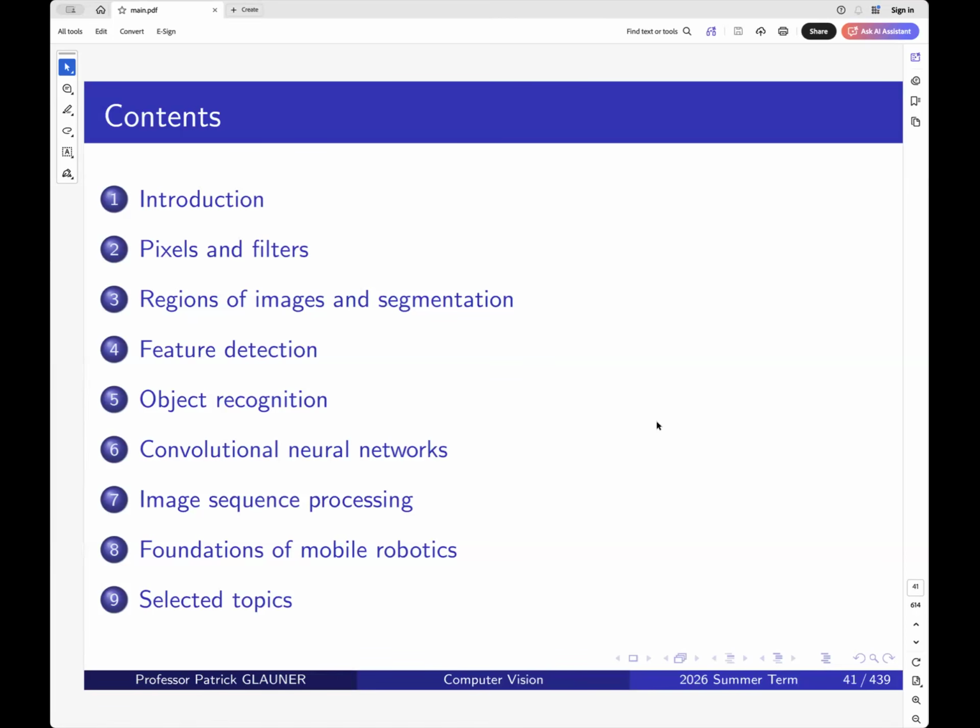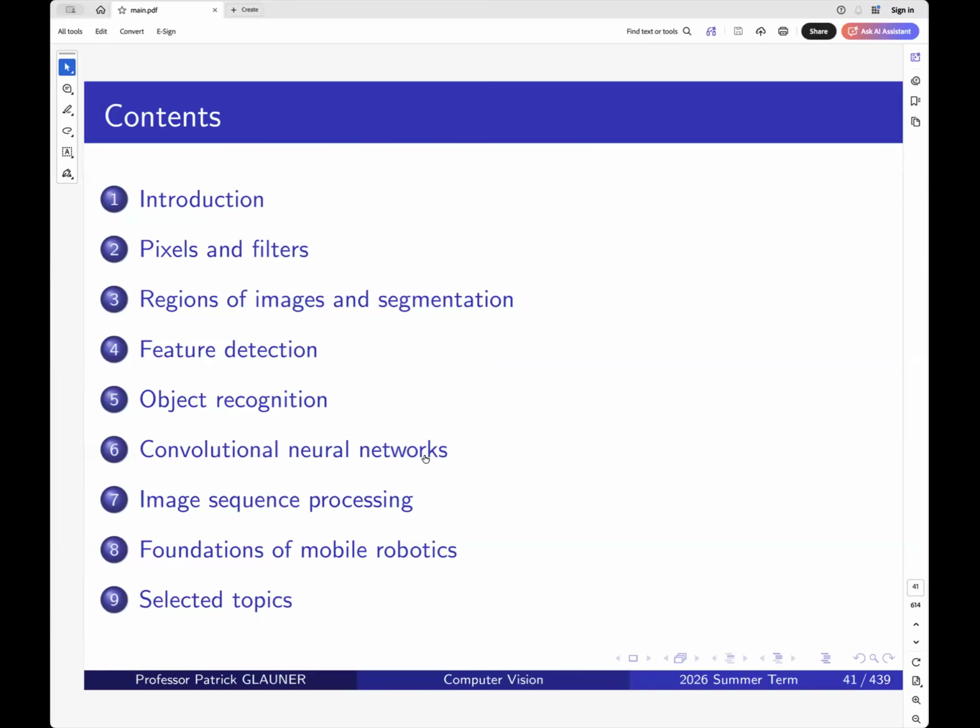That's okay. But for the others, you don't need to be a pro in machine learning yet, because we'll get to machine learning mainly in the convolutional neural networks chapter, also a bit in the segmentation chapter. But I'll explain all of the necessary machine learning foundations as well. There's also the deep learning course, which is a mandatory course in one year in your undergrad program.